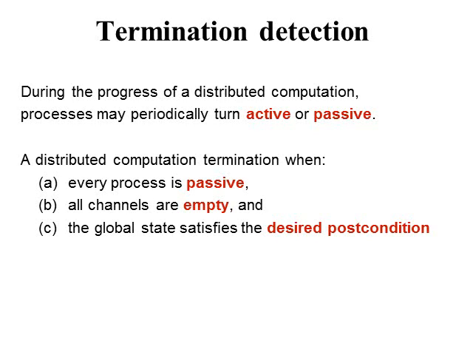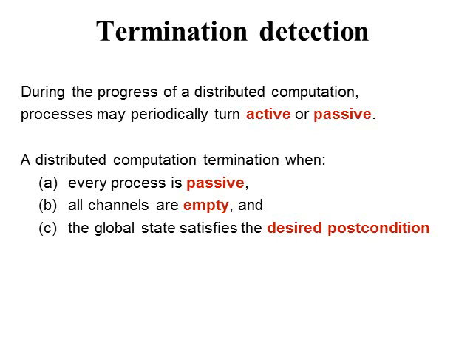So let's look at the conditions which would prove the termination of a computation in a distributed system. The first condition that has to be met is that every process in the system must become passive.